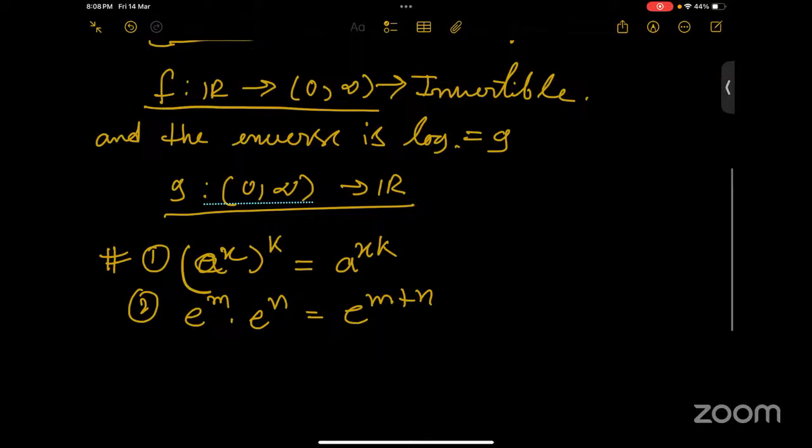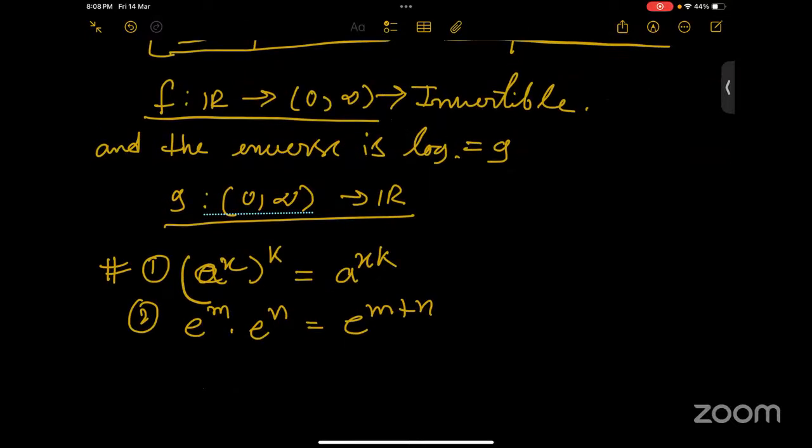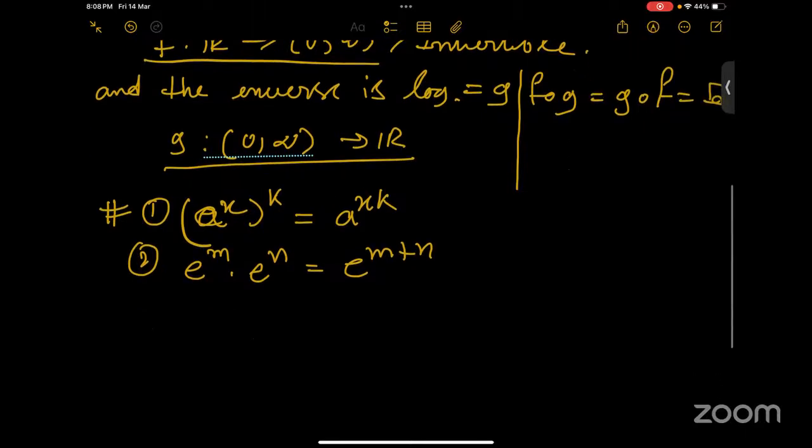Okay, whenever functions are inverses of each other, they follow this property. That means f compose g equals g compose f, which equals the identity function, right? So here our f is the exponential function and g is the logarithmic function.